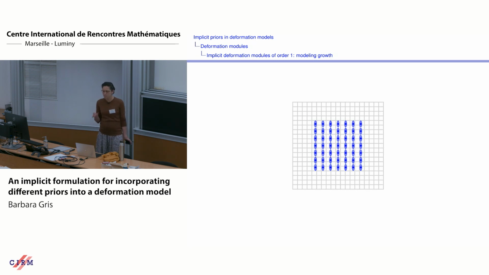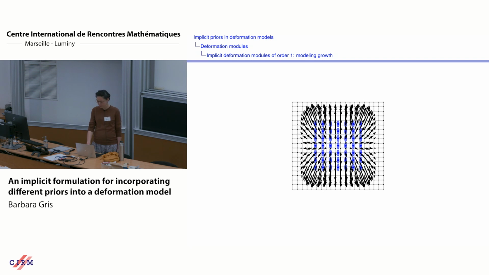We can represent them by ellipses where the axes are the eigenvectors of your matrices, and the length, if you're positive, it's not necessary, but here it will be positive eigenvalues, will be represented by the size of the axis of the ellipses. So here you have a uniform growth model operator that enforces a growth that is vertically twice larger than the horizontal growth. And here's the kind of vector fields that we built by minimizing the previous functional.